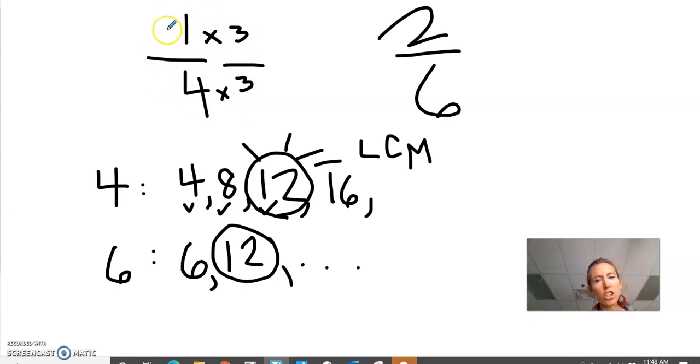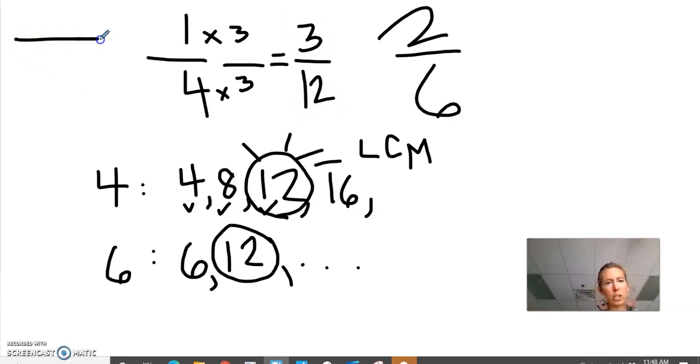So really, I'm not changing the value of this fraction. I am just changing the way it looks. It's just putting on some different clothes. So 1/4 is putting on the clothing to become 12ths. So I'm going to say, how many 12ths is that worth? 3 of them. 3 12ths.